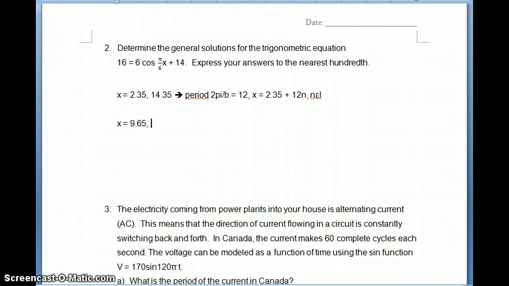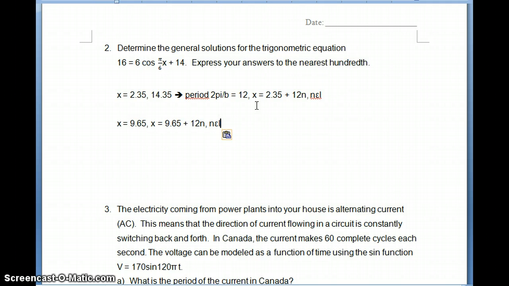For the next value, if you wanted to, you could go back and find a second value and find out how often it repeats. But we already know it, so our general solution here is x is approximately equal to 9.65 plus 12n, where n is an element of the integers.